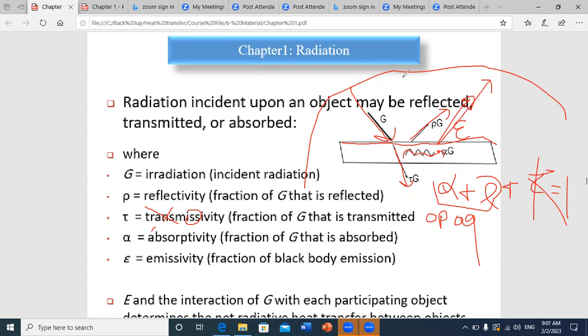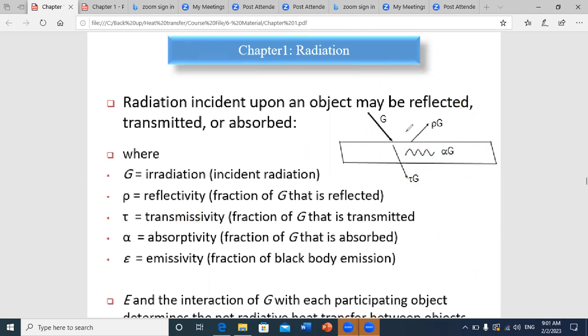So overall, if we want to calculate the net radiation flux, we have to account first for the absorbed part. So you will absorb alpha times G, okay? And you will emit epsilon times sigma times T to the power 4.